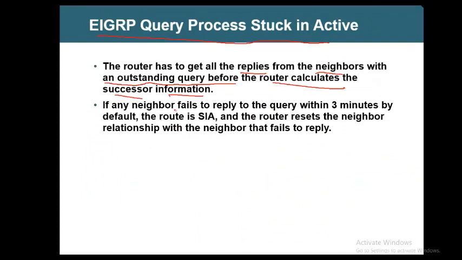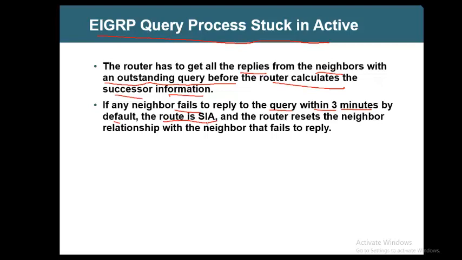If the neighbor fails to reply to the query within 3 minutes, by default, the route is stuck in active. So after 3 minutes, it decides that the route is not going to come. It got stuck somewhere. Active means it's still waiting for the update.